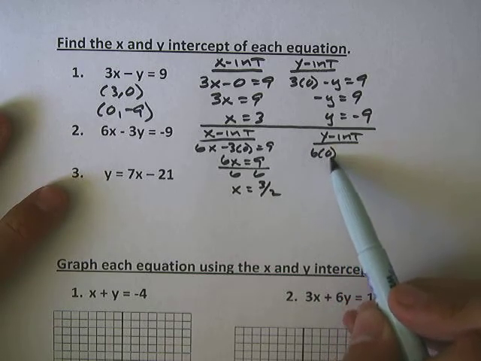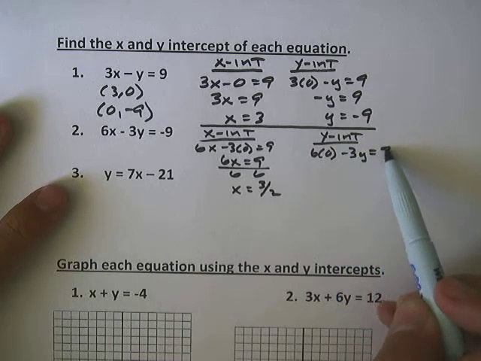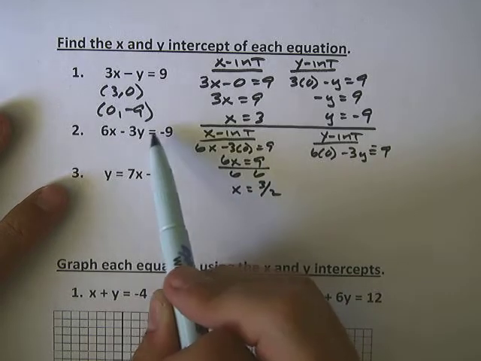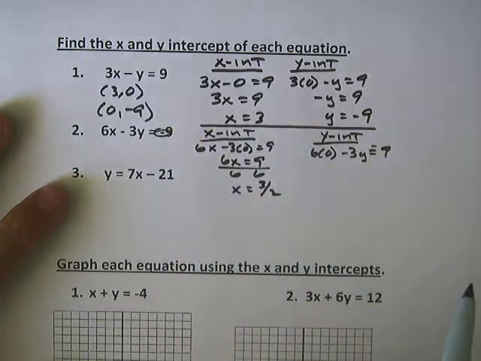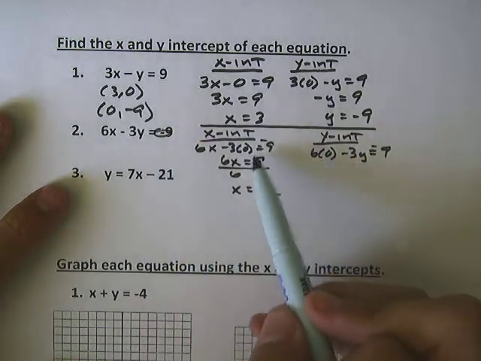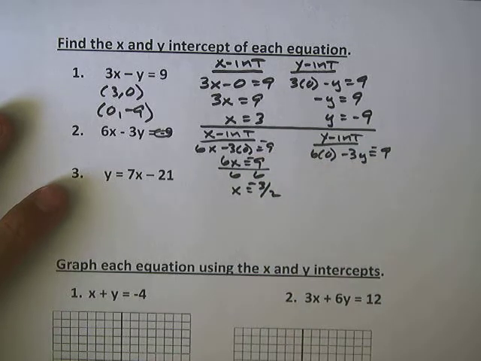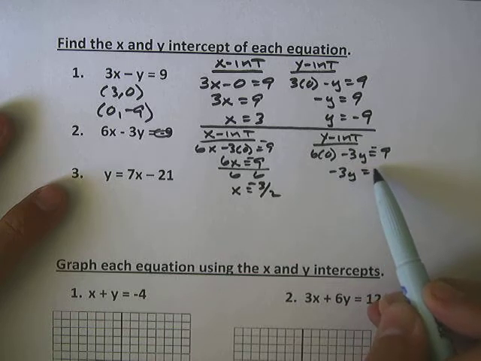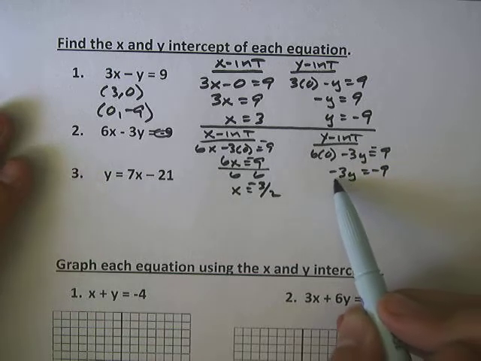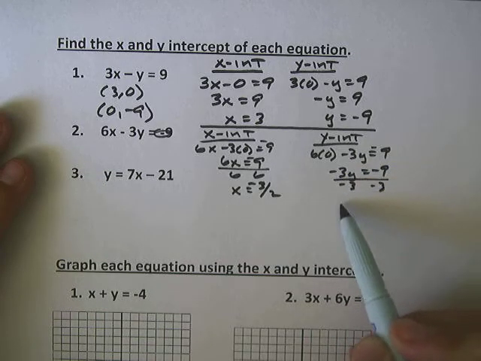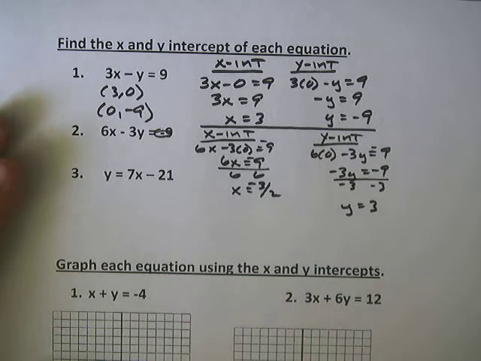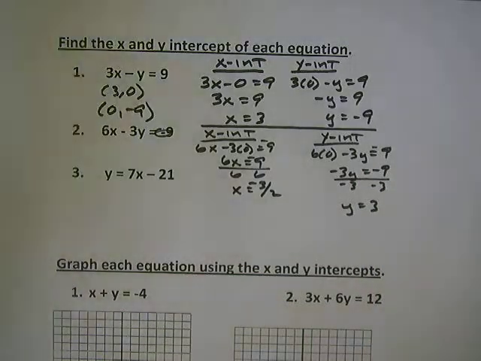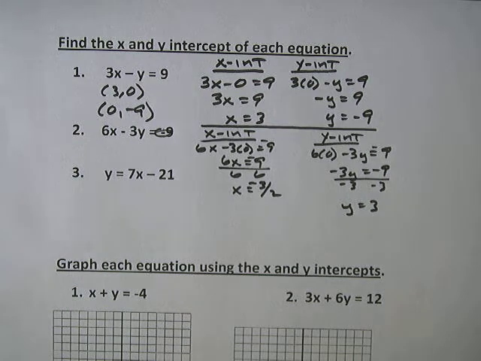While my y-intercept, I would plug in 0 here. Whoops, pardon me. Let's go back for a second. I didn't notice there's a negative 9, so this actually should be a negative 3 halves. So this becomes negative 3y equals negative 9. Divide by negative 3. So y is 3. So my y-intercept is 3.